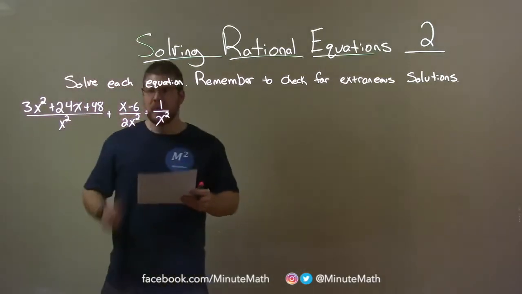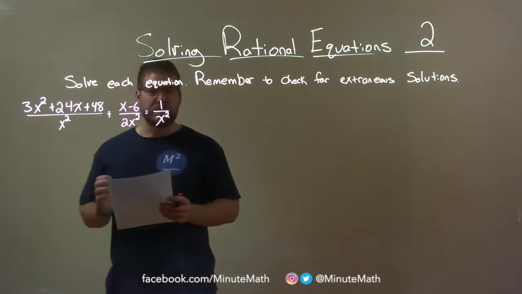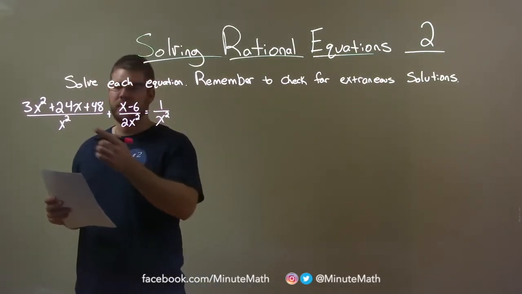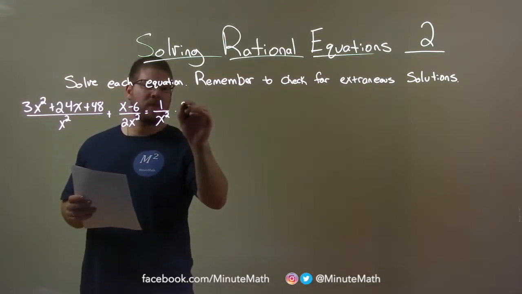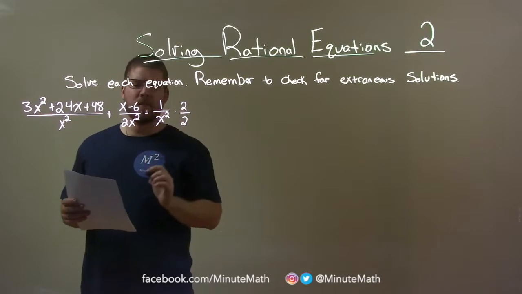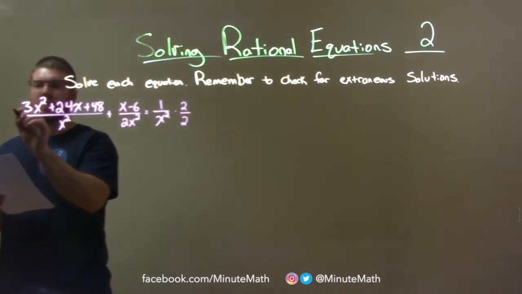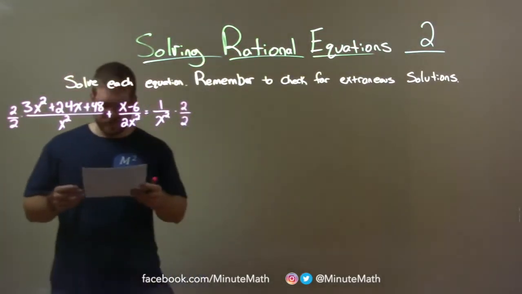Okay. One thing we want to have is a common denominator across the board here. My first step to do that, I see there's a 2x squared here, and then x squared and x squared. So if I multiply this one on the right by 2 over 2, its denominator will be 2x squared. Same thing over here. Multiply this one by 2 over 2, denominator becomes 2x squared.